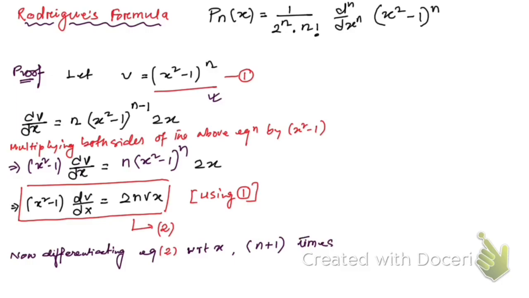To differentiate equation number 2 n minus 1 times, we must use Leibniz theorem. I'm going to write the theorem, don't worry.